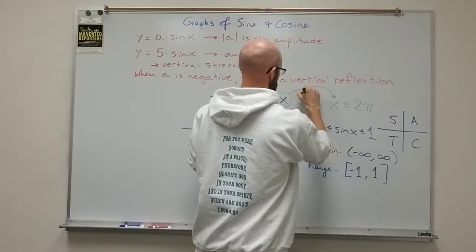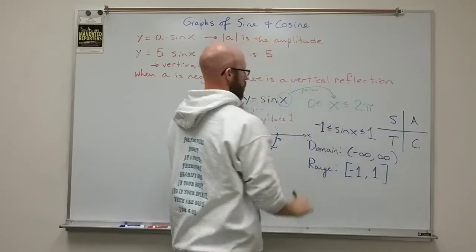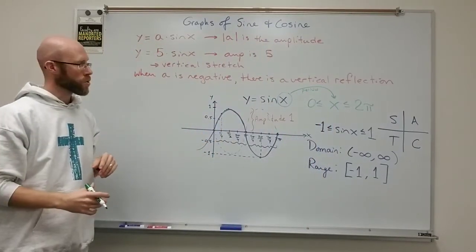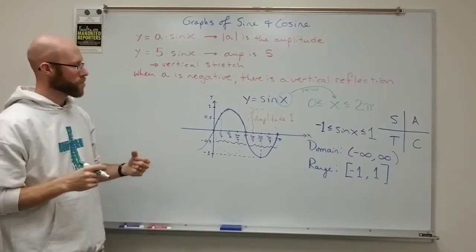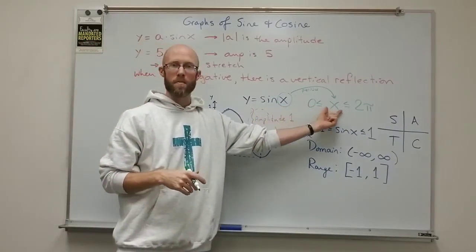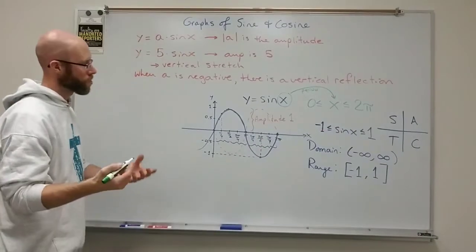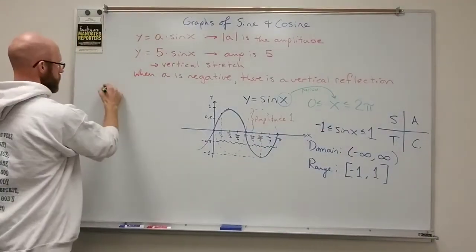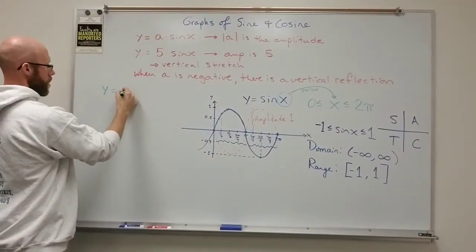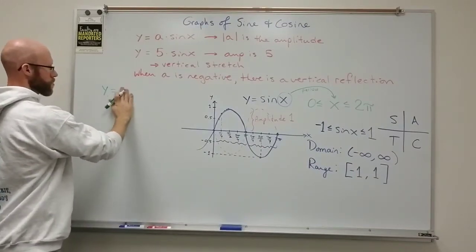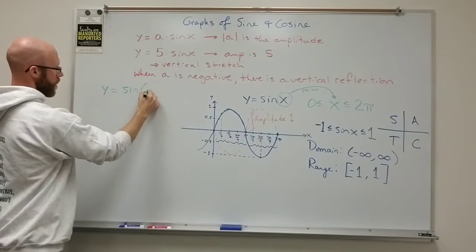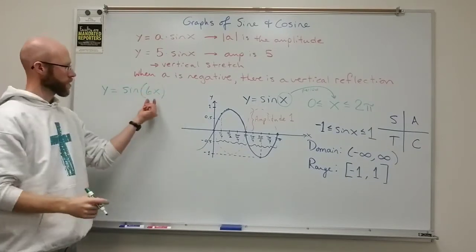Well, in order to change the period, you would have to multiply that x by something else. So for instance, let's do y equals sine of 6x, okay?